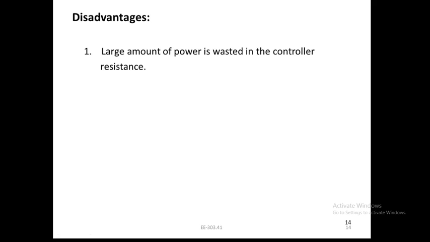Disadvantages: a large amount of power is wasted in the control resistor. In the field control method we only have a small current to vary the resistance, but in the armature control method a lot of power is wasted because we are controlling the voltage drop. That makes for higher power loss.